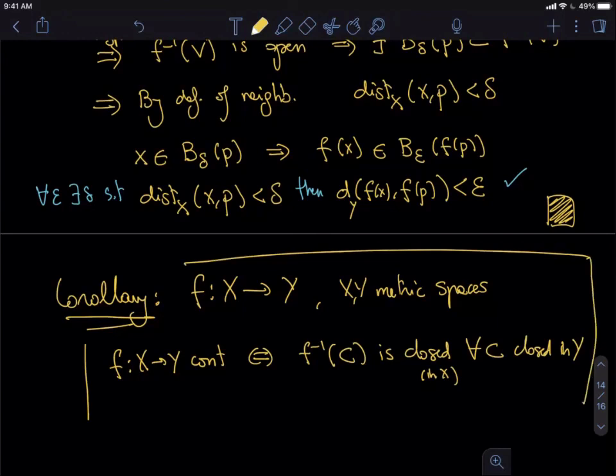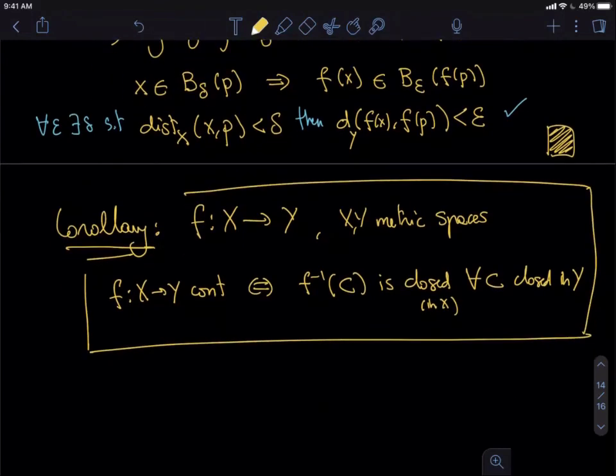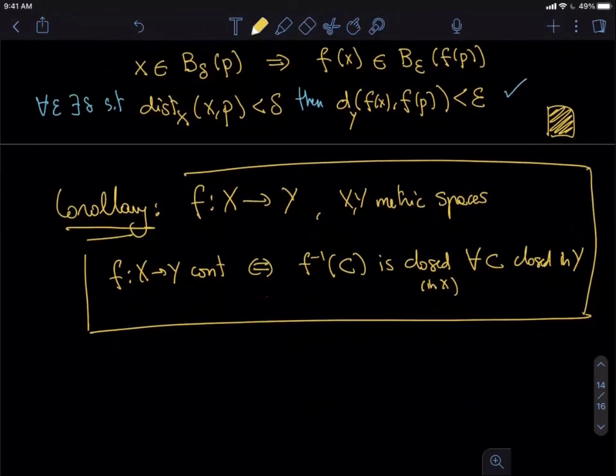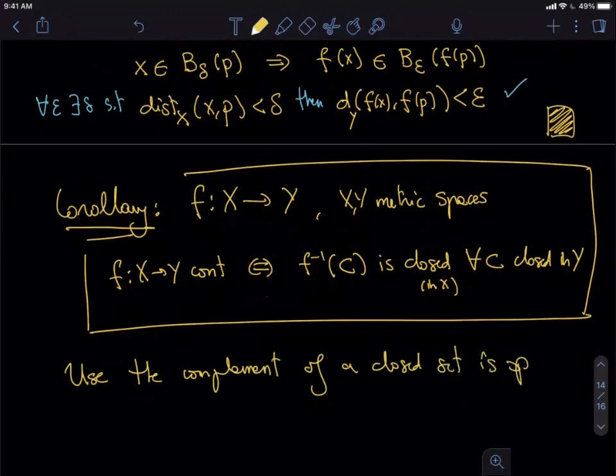Okay, and here the proof is actually very simple, because it follows from the previous theorem. We just need to use the complement. The complement of a closed set is open.